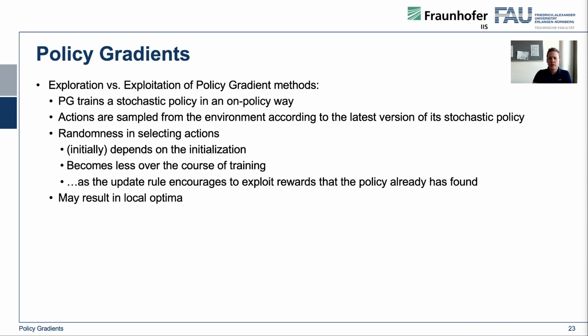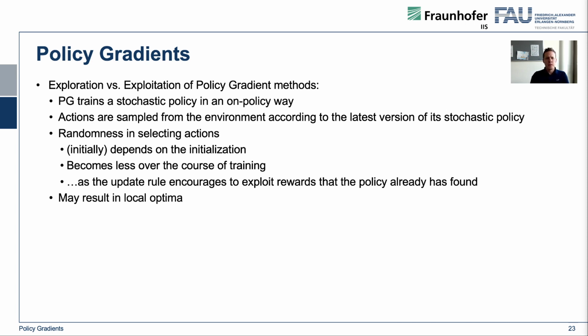Okay, this is it for the general policy gradient framework. One final thing to mention, which has not really been covered explicitly in this lecture, is exploration and exploitation in policy gradient. With policy gradients, we train a stochastic policy in an on-policy way. So we collect data using the current policy, and then we update the policy parameters with the policy gradient that we estimated from that experience.